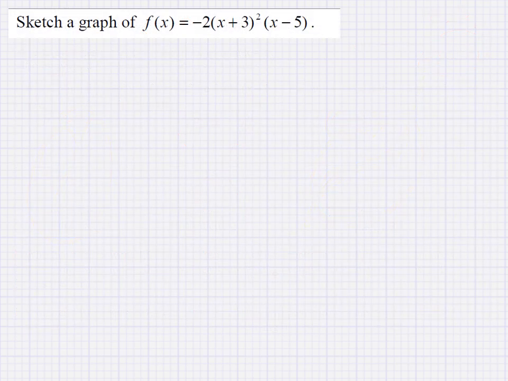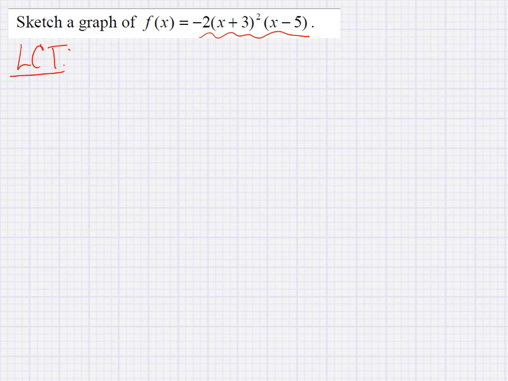Use that idea to sketch the graph of this particular function. Now, in this one, if we're going to do that leading coefficient test, this is not multiplied out. It's already factored for us, which makes finding the x-intercepts easier, but the leading coefficient test a little bit harder.